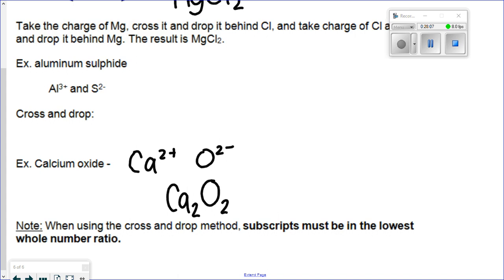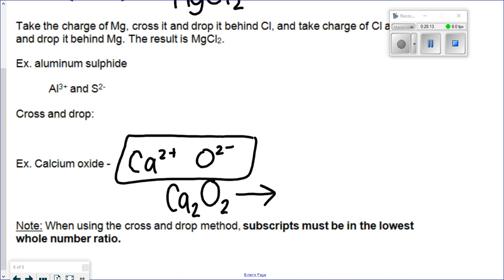So Ca2O2, but that's actually not in its most reduced form. If you look at it at this point, the charges are actually balanced there with a 1-to-1 ratio. So you should actually balance it as Ca with that little invisible 1, O with an invisible 1. So that's where the cross and drop gets a little confusing. I don't really like it, but it's in the notes, so it's there.